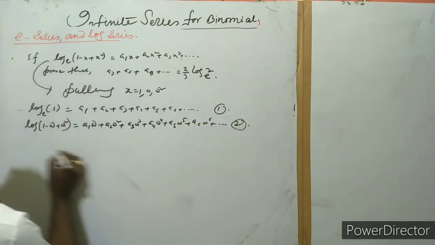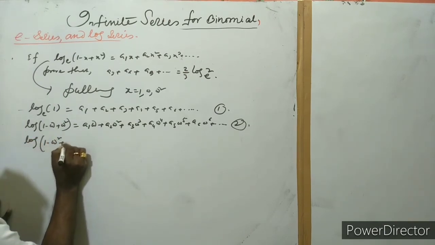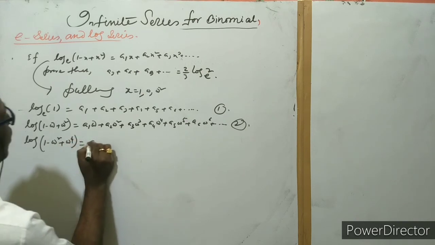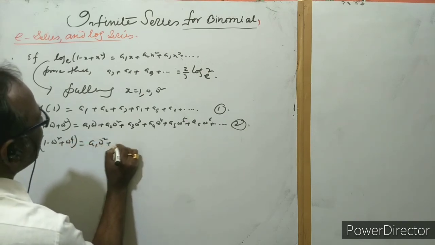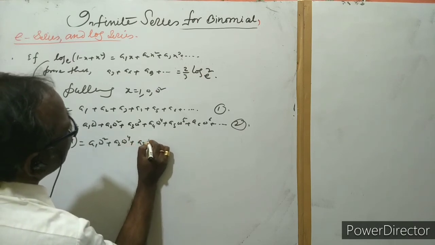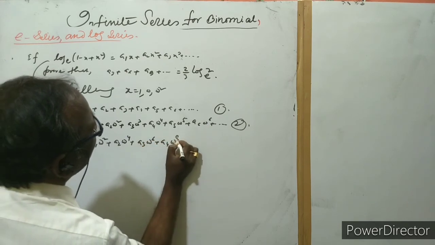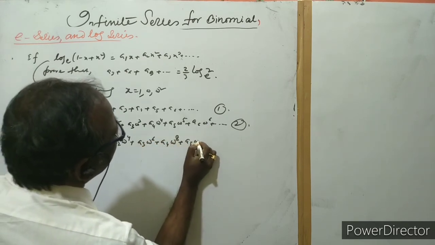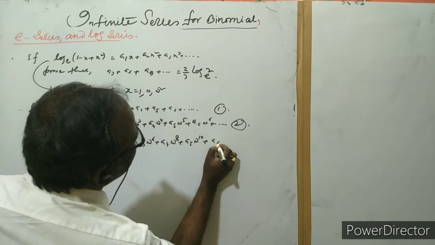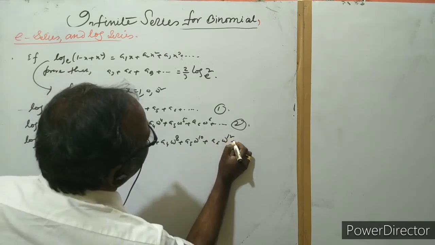This is 2. If we put omega square, then 1 minus omega square, and this is your omega to the power 4: a1 omega square, a2 omega to the power 4, a3 omega to the power 6, a4 omega to the power 8, a5 omega to the power 10, a6 omega to the power 12.